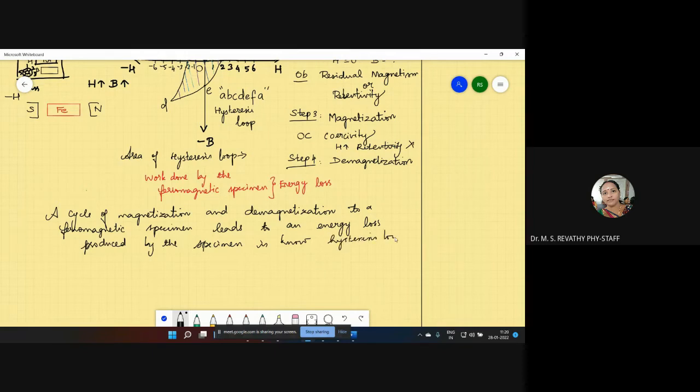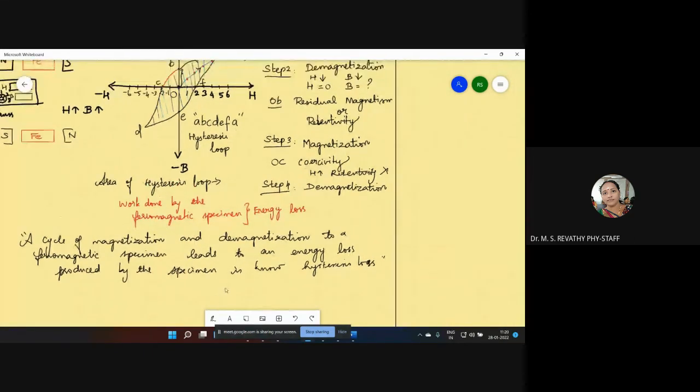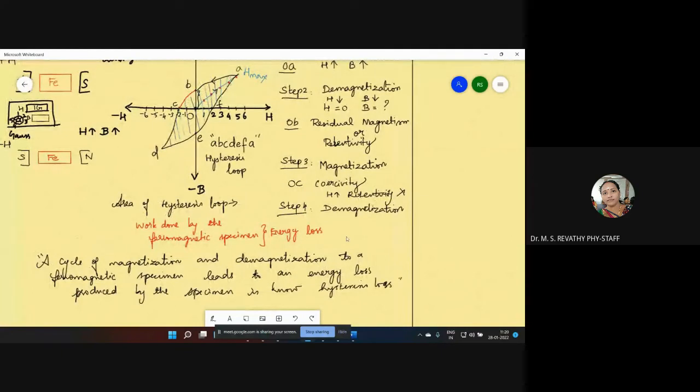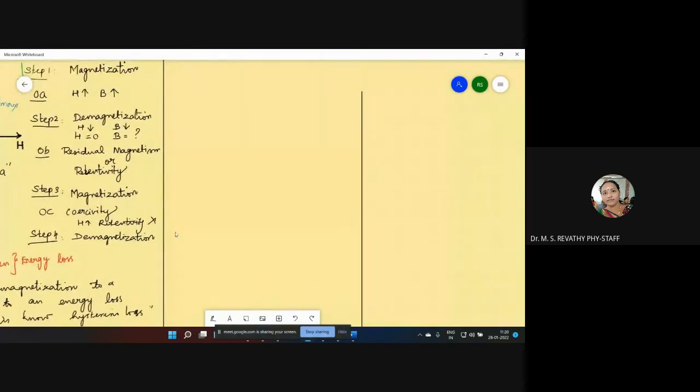Like that you can conclude. The enclosed curve ABCDEFA is called the hysteresis curve or hysteresis loop. From the shape of the hysteresis loop, we can say whether the material is hard magnetic material or soft magnetic material. For this, I am going to frame a difference between them.